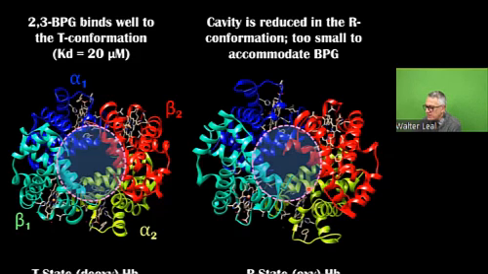When the protein gets to the R state, there is no space for BPG. So BPG has no affinity for hemoglobin when it's in the R state. In the T state, when the conformation is there, that's the right place for BPG to get in. And because of this high affinity of BPG, the protein drops oxygen when it comes to low oxygen.